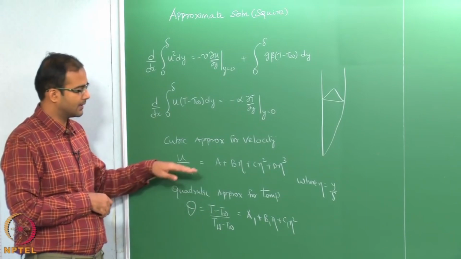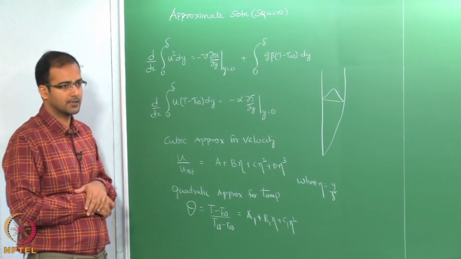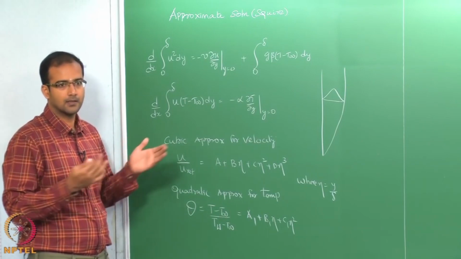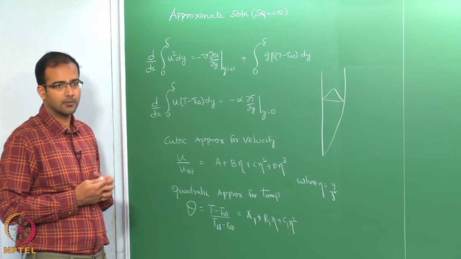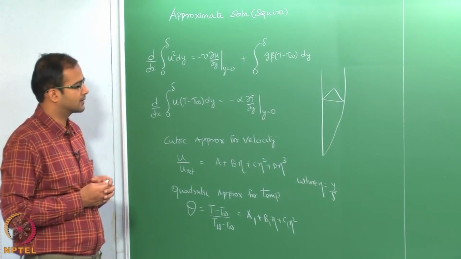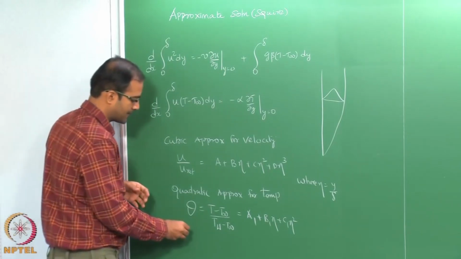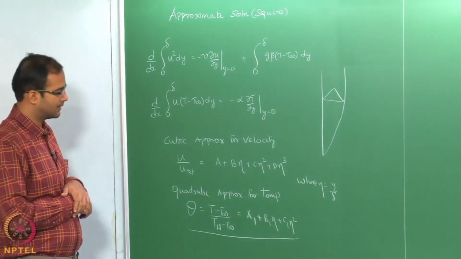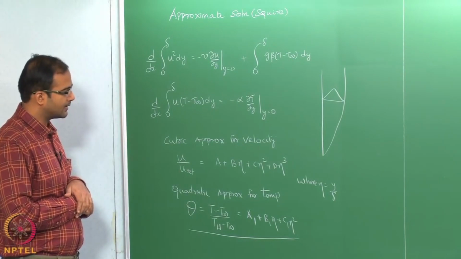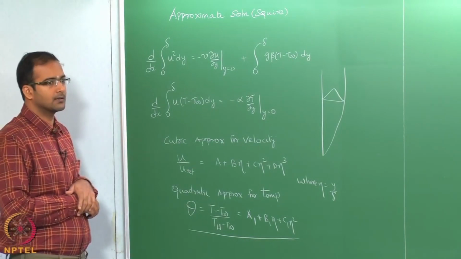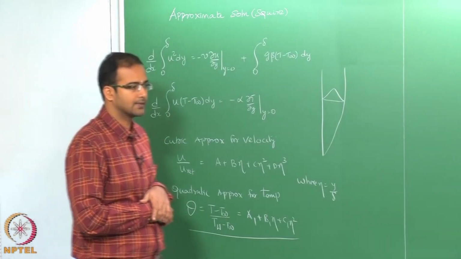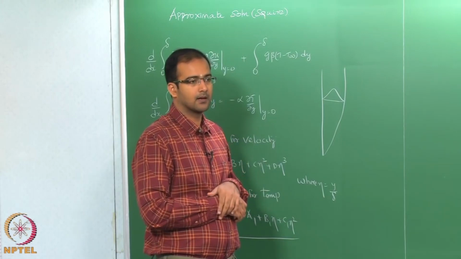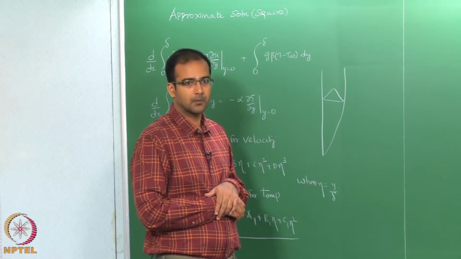And similarly, when we look at the temperature equation, here we can make approximations ranging from linear all the way to quadratic or cubic, like the way we did in external forced convection. So, for the present case we will consider a quadratic variation in the temperature profile. And the other approximation that Squire did was, because we have several unknowns here, we do not know the reference velocity, the momentum boundary layer thickness, and also the thermal boundary layer thickness.